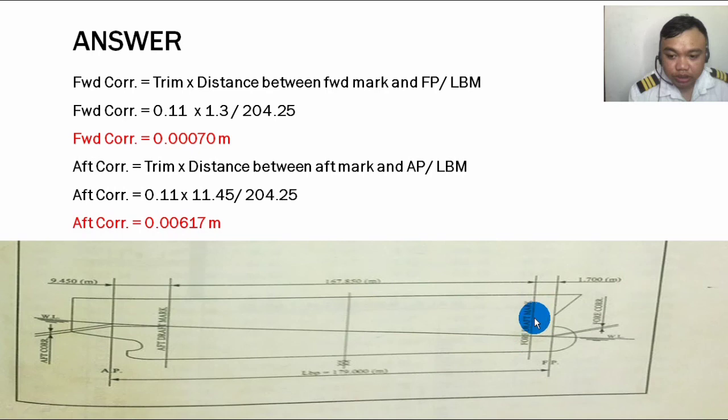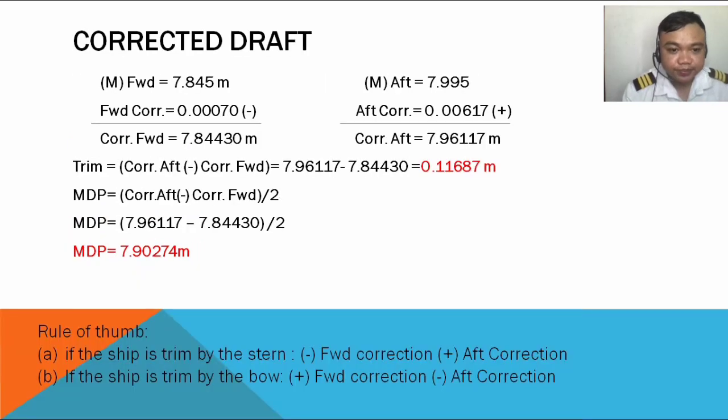So that explains the distance between forward mark and forward perpendicular, and the distance between after mark and the after perpendicular. Nowadays, this was already taken into consideration upon building a ship, so that the distance between the two must not be that far from each other, or probably they will coincide.